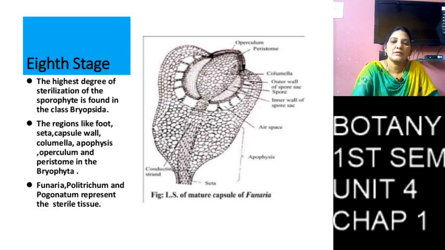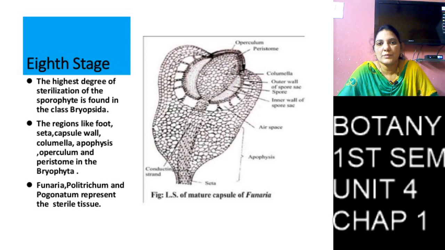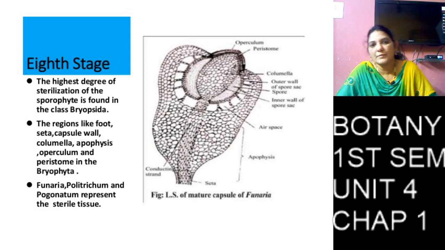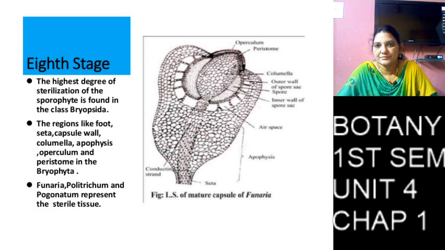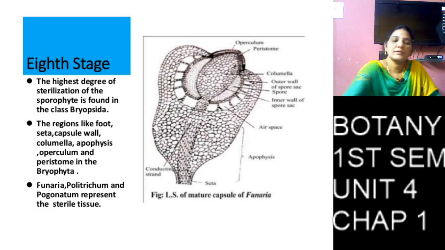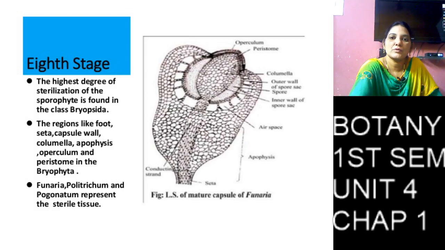Then in the progressive theory, the well developed parts are spore sacs, peristome teeth, apophysis, epiphragm, diaphragm. So columella present here. In the regressive theory, they lost their peristome teeth, epiphragm, diaphragm, spore sac, columella. So total parts are reduced.